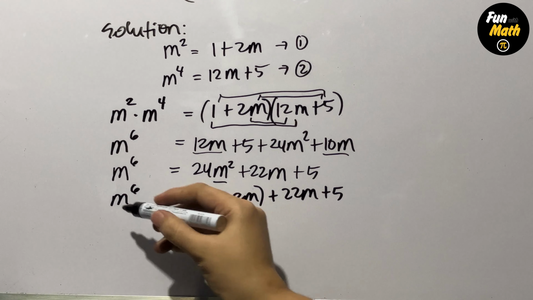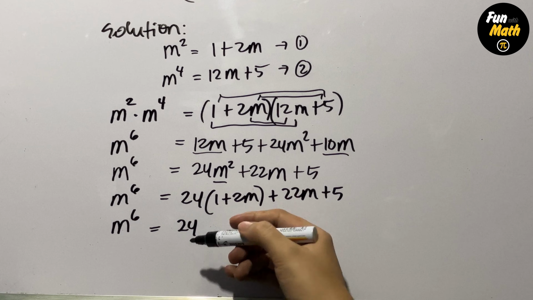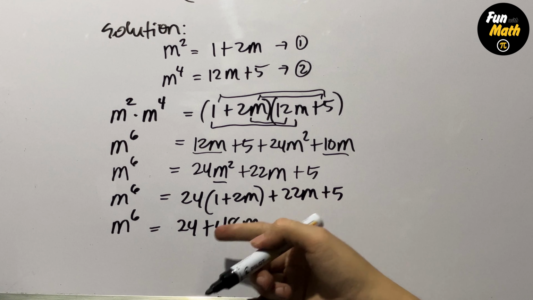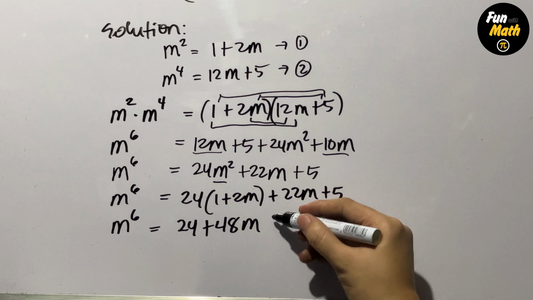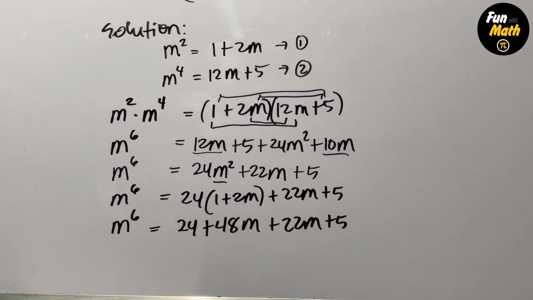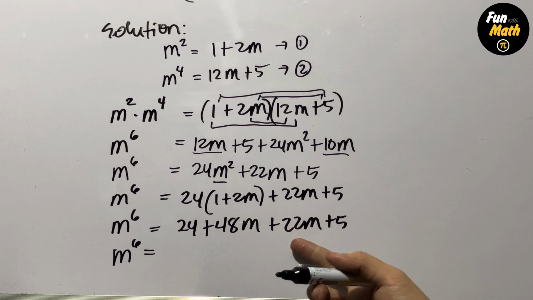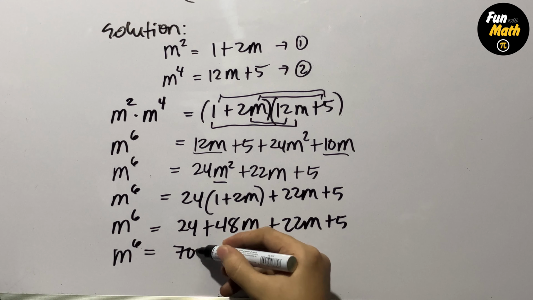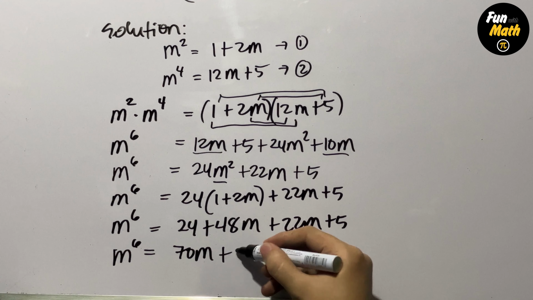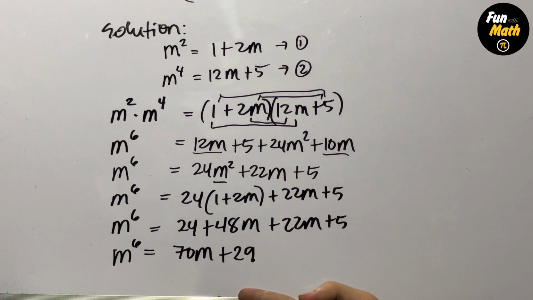Now let's multiply this. 24 times 1, that is 24. 24 times 2m, that is 48m, or plus 48m. Then plus 22m plus 5. Now, combine like terms. So m to the power of 6 equals 48m plus 22m, that is 70m. 24 plus 5, that is 29. So plus 29. Now, we can square both sides.